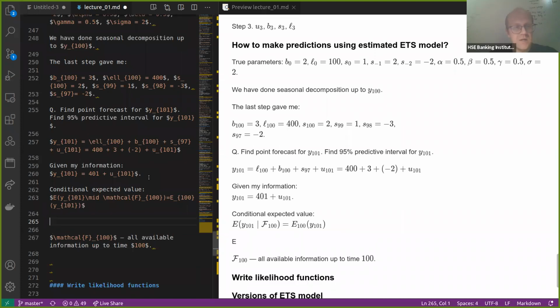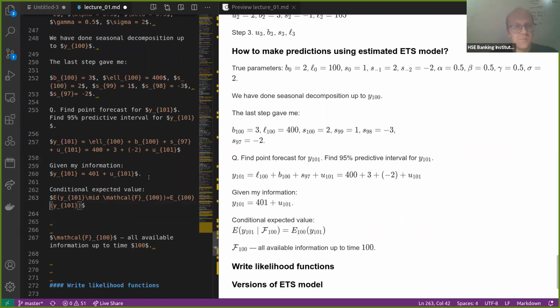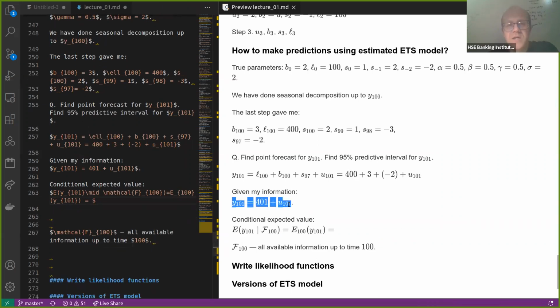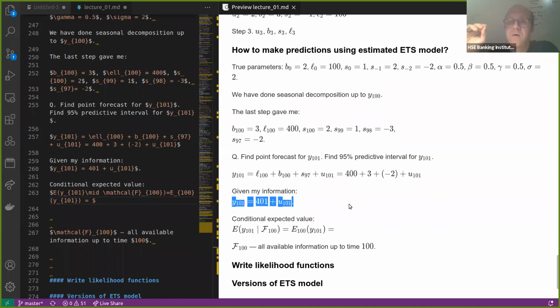Finally, when I have used every bit of information I have, I see that the future value of Y is 401 plus something that is unpredictable for me. U101 is a white noise process. More, it's normal.